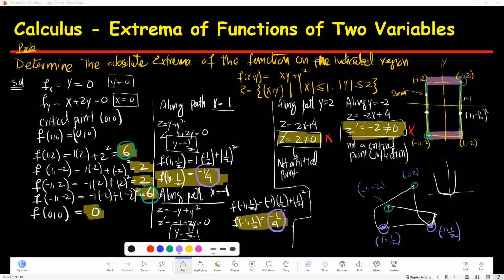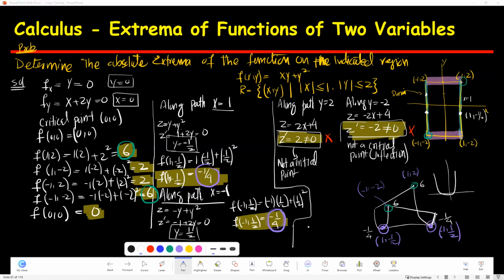These are the coordinates, and the values are minus 1 over 4, minus 1 over 4, and for these 2 points the value is 6, 6, right? So I'm going to write all the values here, maybe with white color. This one is 6, this one is 6, this one is minus 1 over 4, this one is minus 1 over 4.